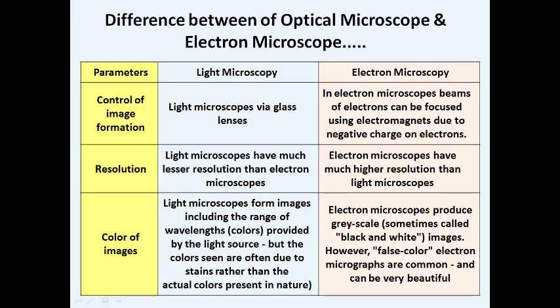Whereas an electron microscope produces grayscale, or sometimes black and white, images. However, false-color electron micrographs are common and can be very beautiful. In some cases we can use a fluorescent screen to achieve a good colored image, but in most cases the electron microscope images are gray or black and white.